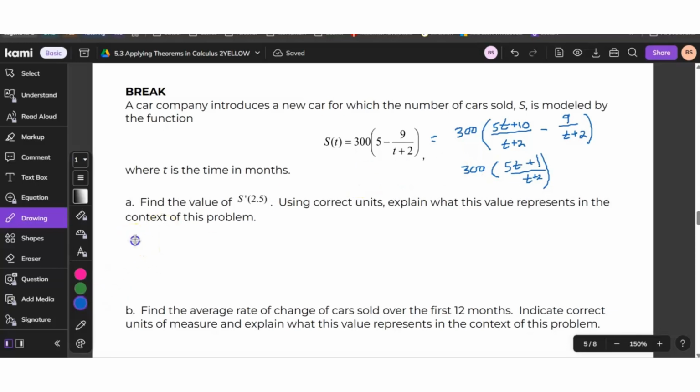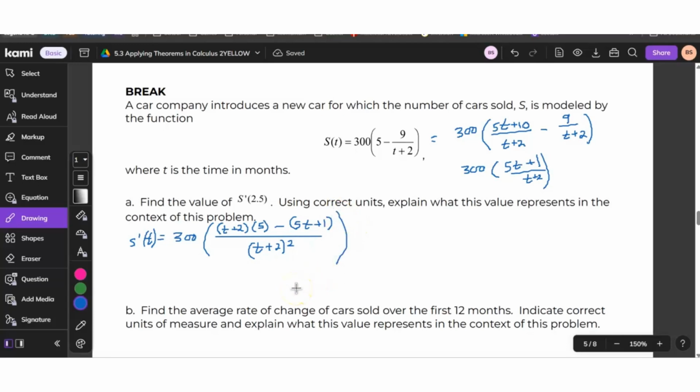Okay, so now what we're going to do is find S prime of t, which means that we're going to have 300, and we need to do a nice big quotient rule. So low, d high, which is just times 5, minus high, d low, which is 1, all over t plus 2 squared.